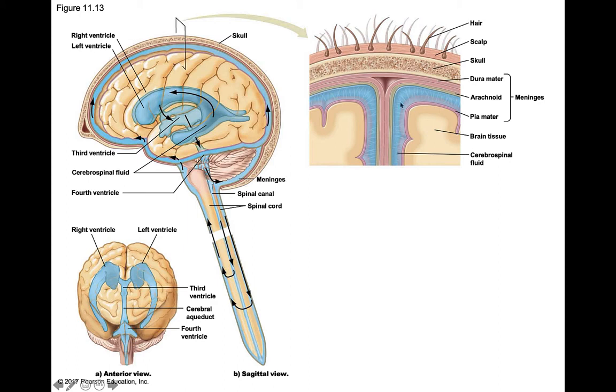And there's that space in which the cerebrospinal fluid is circulating. And so here you can actually see it's a fairly complicated circulatory system for cerebrospinal fluid. Many of you may have had a spinal tap in the past, and what that does is they're taking a sample of cerebrospinal fluid to see if there's any infections.